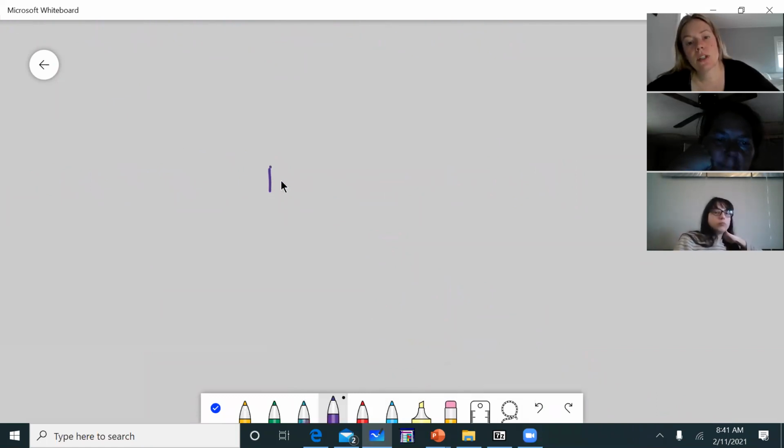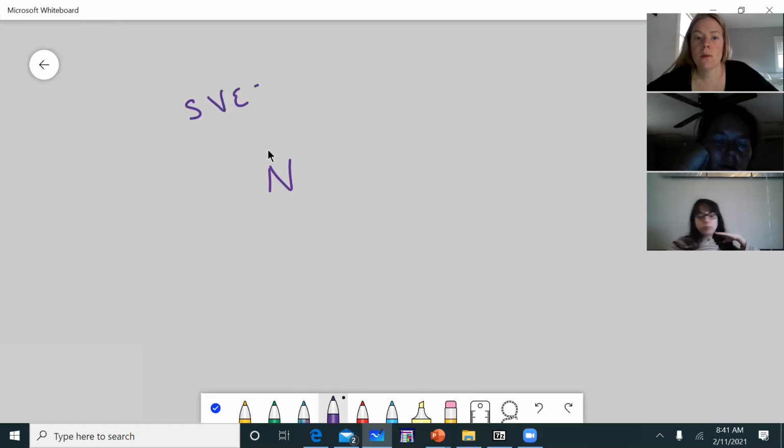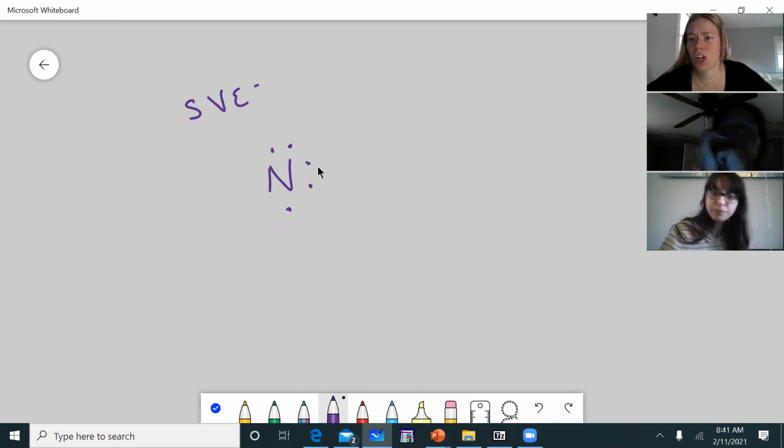So I have nitrogen. This has 5 valence electrons. So I don't want to go like this, 1, 2, 3, 4, 5. Why? Because it's lopsided. This area doesn't have any electrons, and these are all negatively charged.